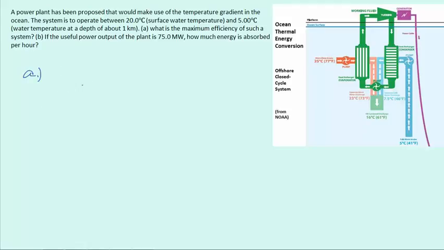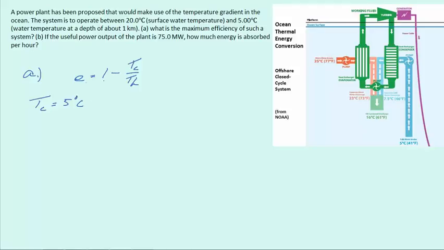So we know efficiency can be calculated by taking 1 minus our cold temperature divided by our hot temperature. And since we're given a temperature gradient, we see that our cold temperature would be equivalent to 5 degrees Celsius.